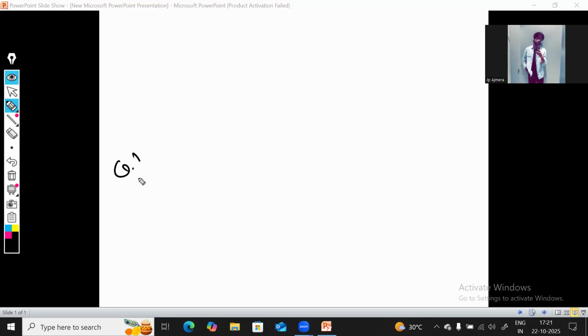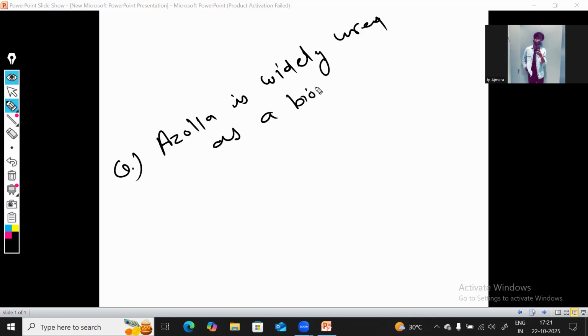The next question on the board is that azolla is widely used as a biofertilizer. In which crop is azolla used as a biofertilizer?